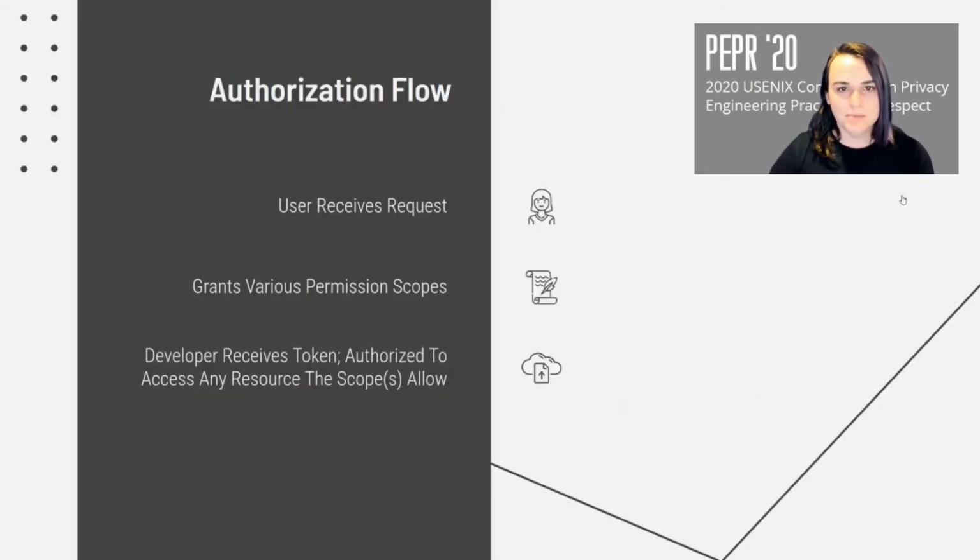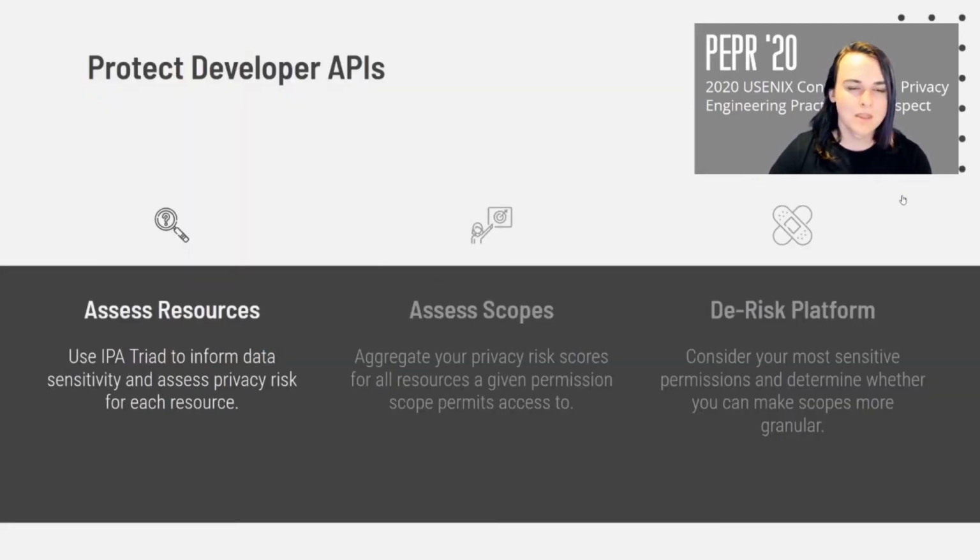So this is what the typical authorization process looks like, but the important thing to note is that a user can grant multiple permissions. In addition, each permission can grant access to numerous developer API resources, each with varying sensitivity. So what I recommend you do if you're building out your own developer APIs is that you really assess the resources that you're providing, using the risk assessment methodology I described to better understand the privacy risk to your users.